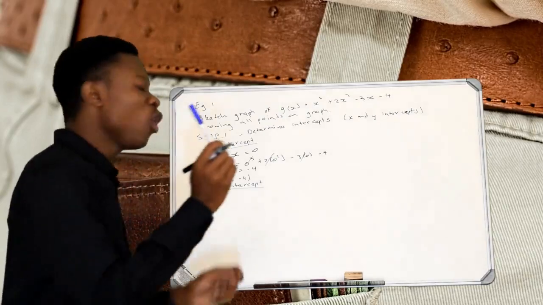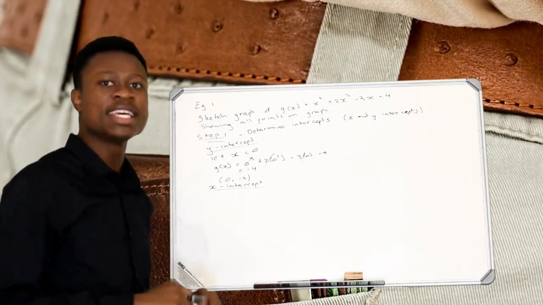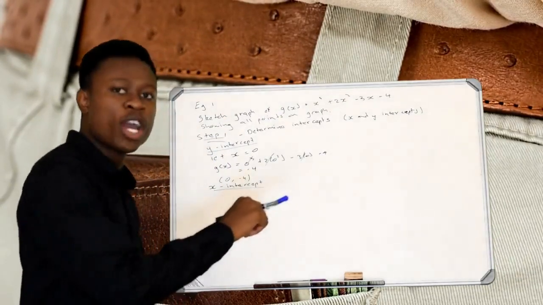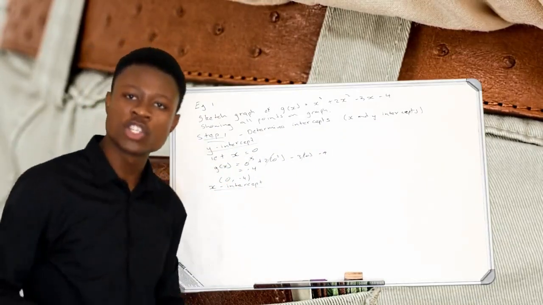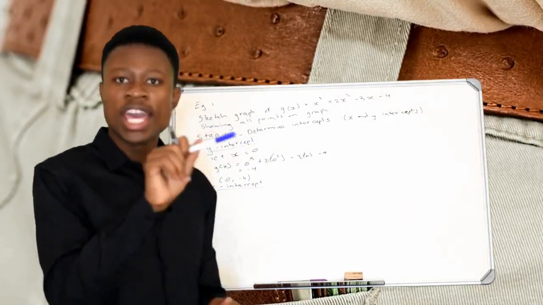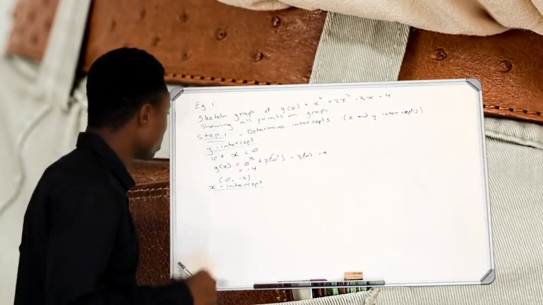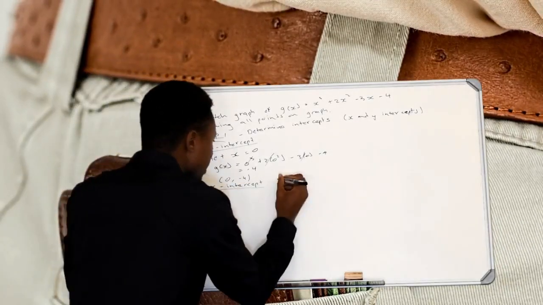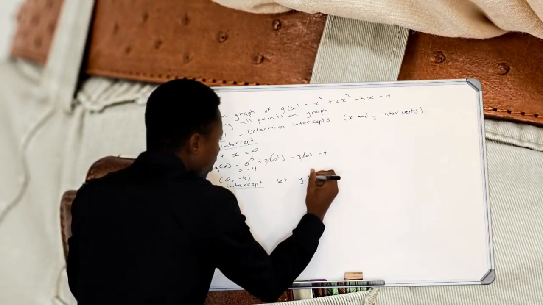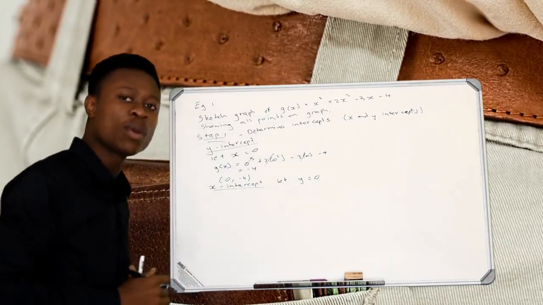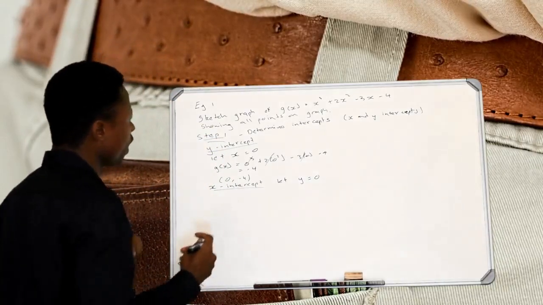But now we're looking for the x-intercept. It means that y will be 0, because this point will be lying on the horizontal x line. That's where we'll find the x-intercept. So we let y equal to 0. Okay, let's see what happens if we let y equal to 0.